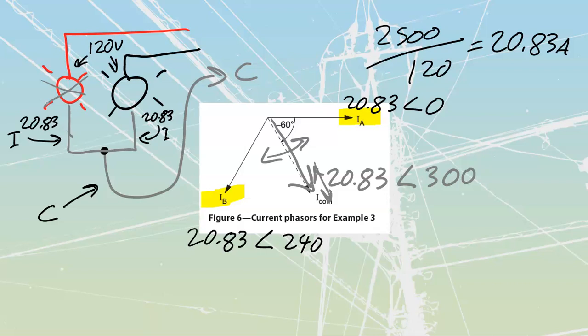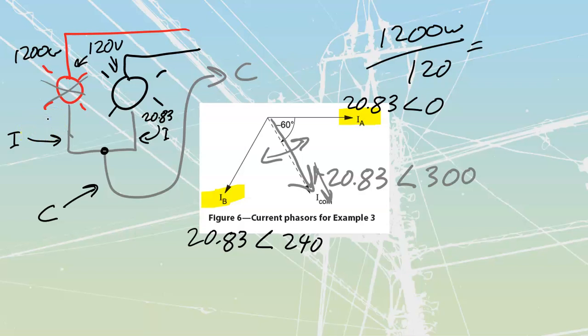Let's just do that real quick. We're going to say that the red line over here, my line A, is going to change from being 2,500. We're going to change that one down to 1,200 watts, and therefore we're going to change all of our values of current.